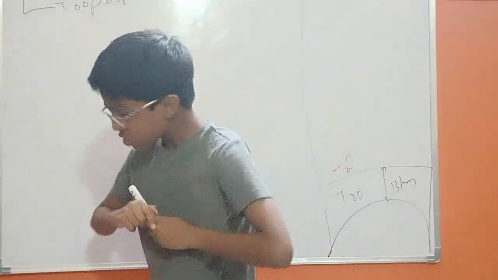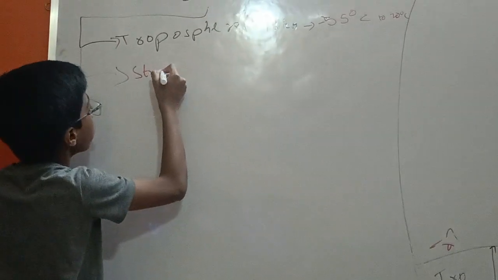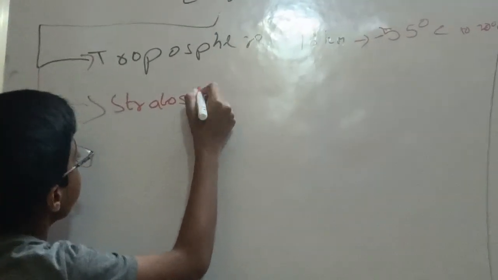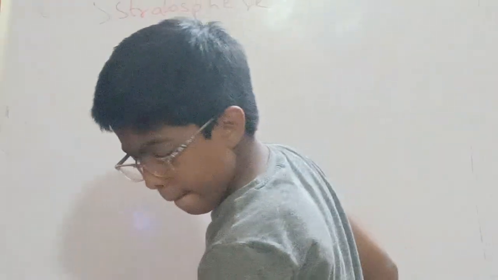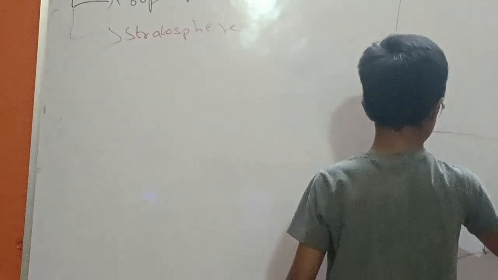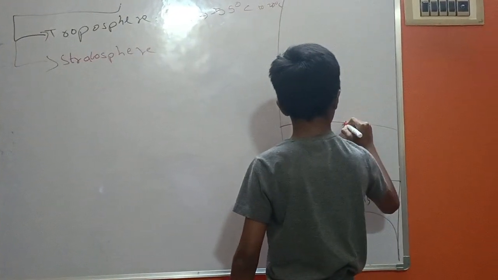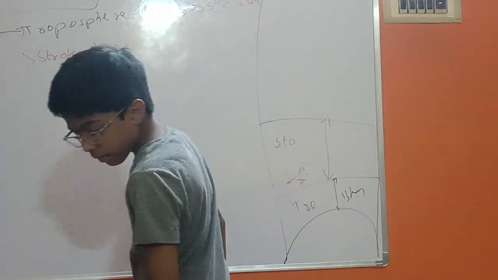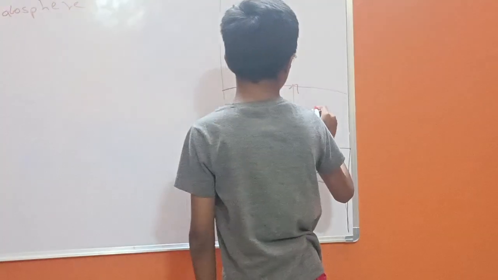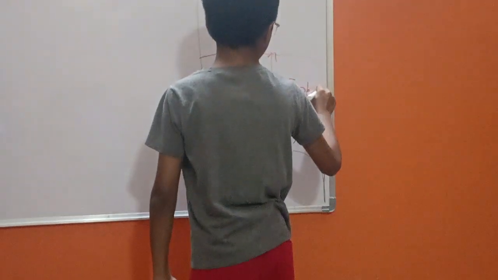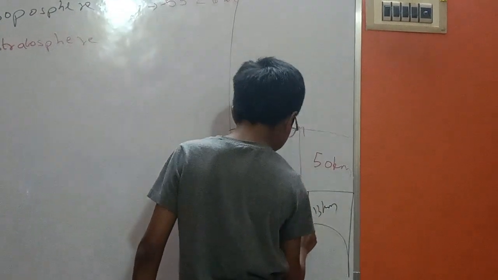Next, stratosphere. The stratosphere extends up to 50 kilometers from the Earth's surface.